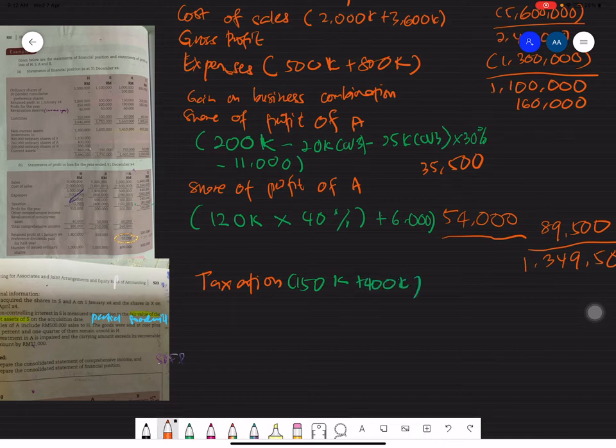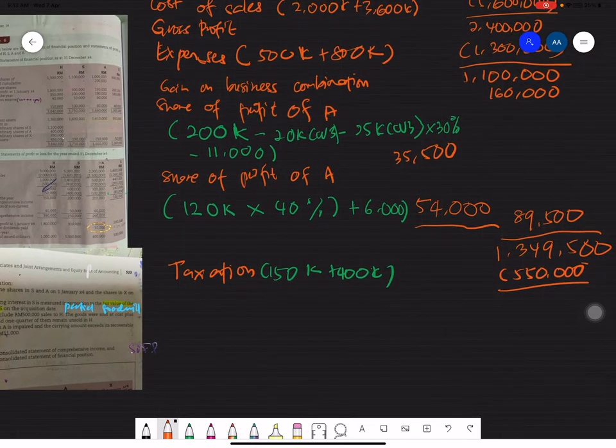So you will have 550,000. You minus this from the amount, and you will have 799,500, which is profit for the year.